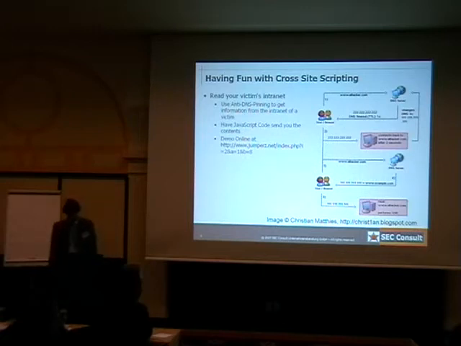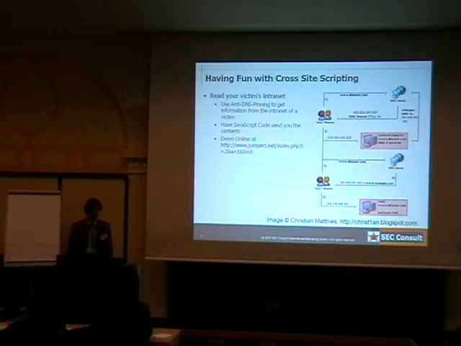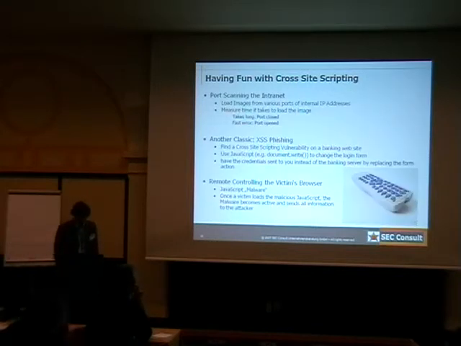So yes, this can be exploited. As I said, just place the according scripts on any arbitrary server, and anyone who surfs to this web page has his intranet read, if the attacker knows the IP address of the intranet. You can also port scan the intranet using cross-site scripting or JavaScript simply by loading images from various ports of internal IP addresses.